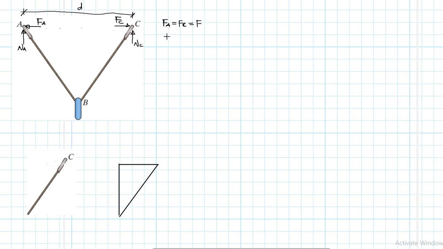Because of symmetry, NA will be equal to NC, which is just going to be equal to N. And then we've been told the ring at A weighs W, and so does the ring at C, from its center of gravity. And the ring at B, we've been told, weighs 2W.